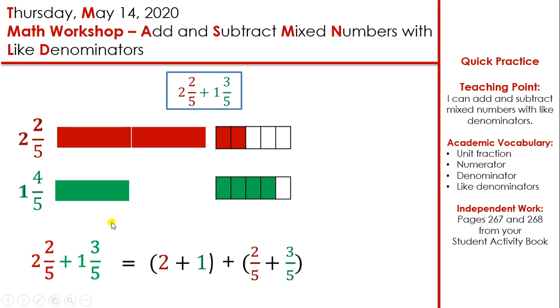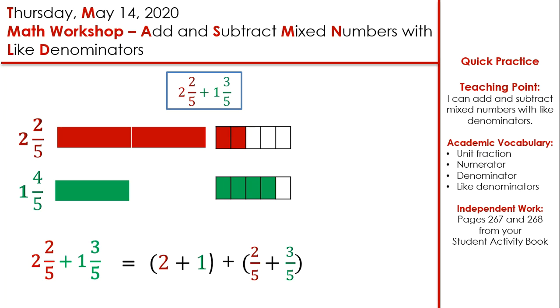Basically what we do in these situations is that we add all the wholes together and then we add all the fractions together. There will be times that when you add all the fractions together, you will get a whole number as a result. So at the end, you're going to add all the wholes together and all the fractions together.